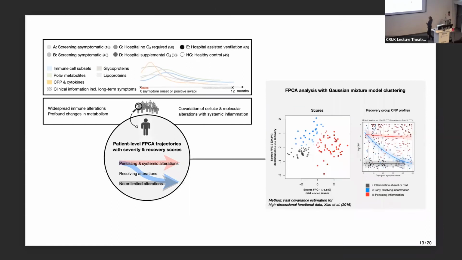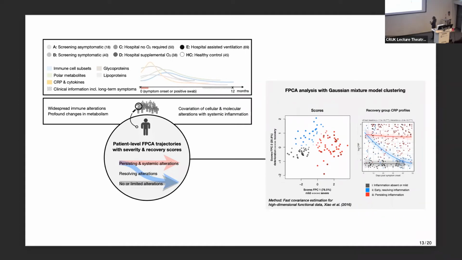Okay, so far with this analysis, we really focused on characterizing clusters of patients obtained from a Gaussian mixture model of the CRP FPC scores. This involved some kind of sensitivity analysis to assess the stability of these clusters. Here we could use the cluster assignment probabilities to evaluate the extent to which patients at the cluster boundary were weakly assigned, and make sure that our results were robust to these patients changing clusters.